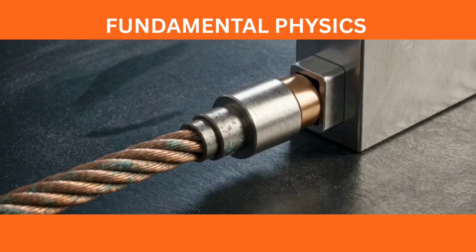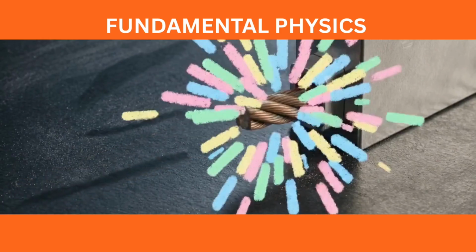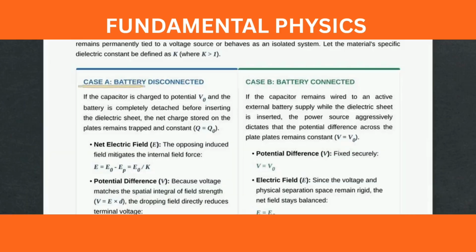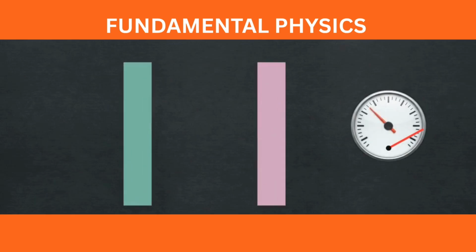In case A, we charge the capacitor to a potential of V0, and then completely detach the battery. This mathematical breakdown shows the resulting state of an isolated circuit. Because the plates are physically disconnected, the net charge is trapped and remains constant at Q0. When the dielectric is inserted, the induced counterfield mitigates the internal field force.